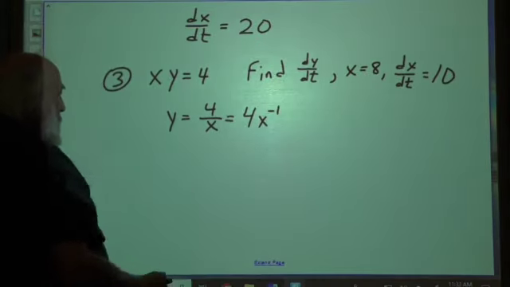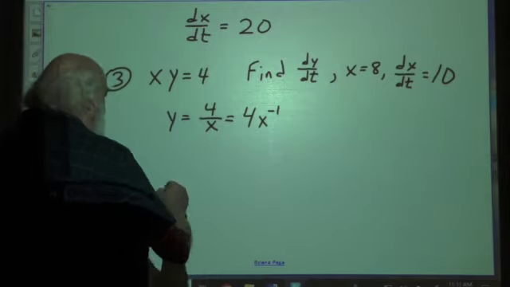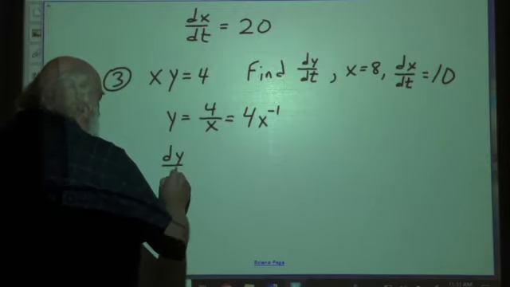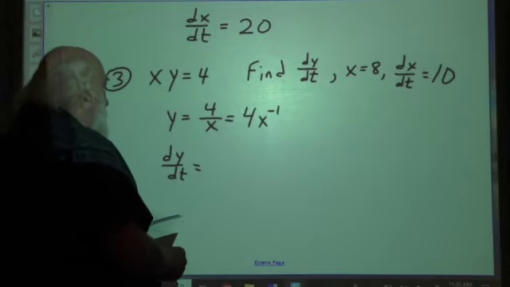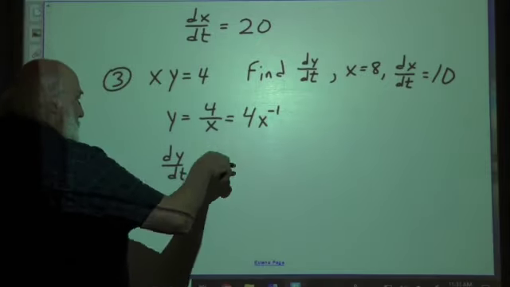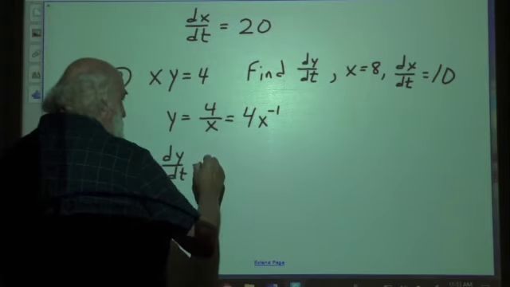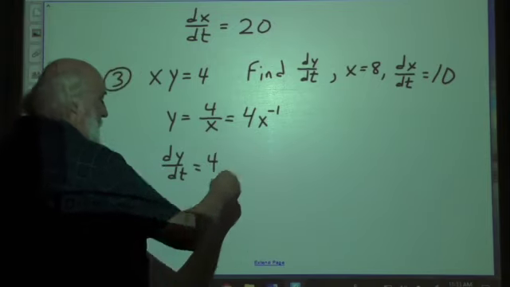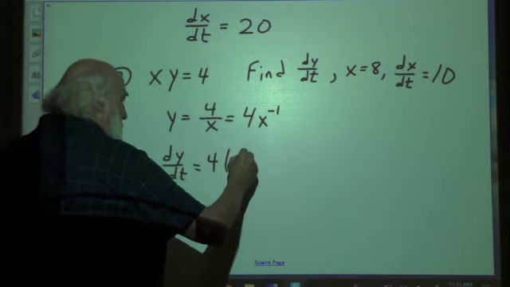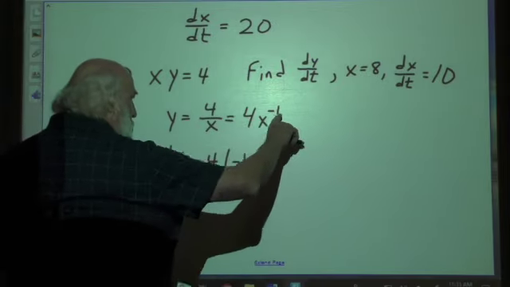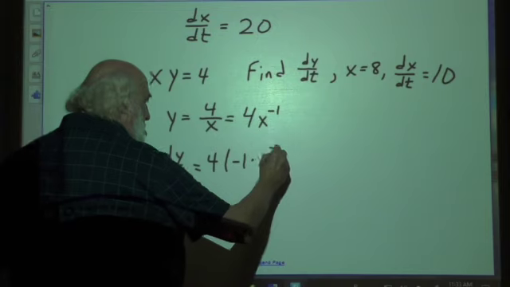All right, so now I do the differentiation. dy/dt equals, now 4 is multiplying the x, so I'll bring that to the side. -1 comes down, and then subtract 1 from -1, you get -2.